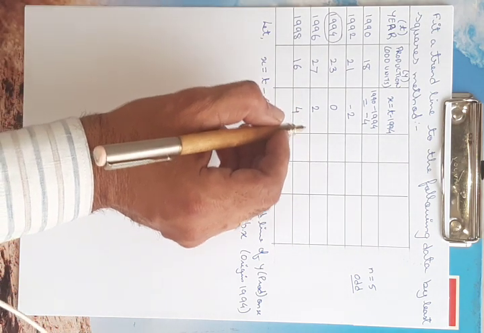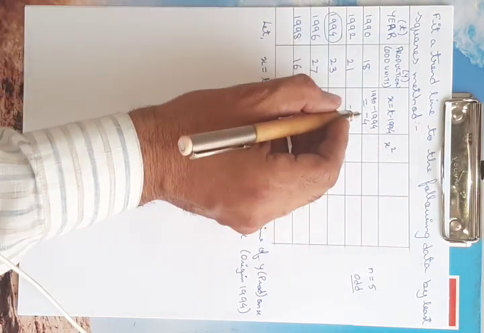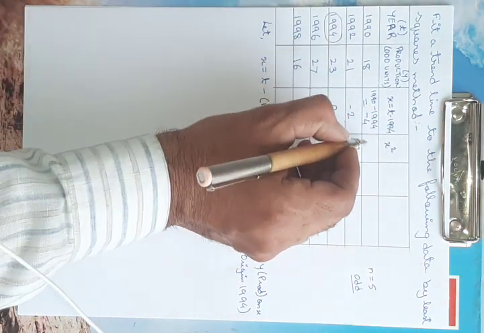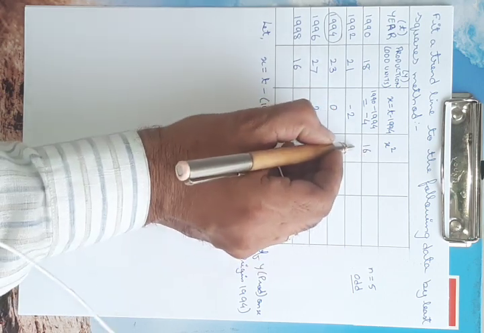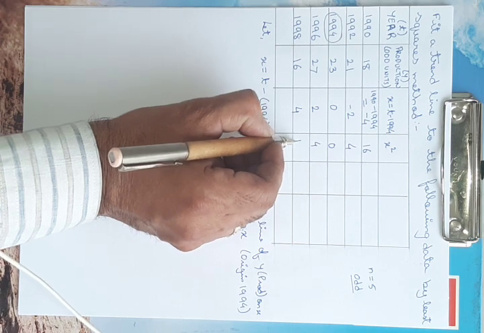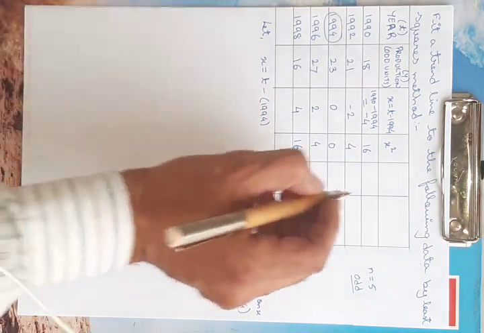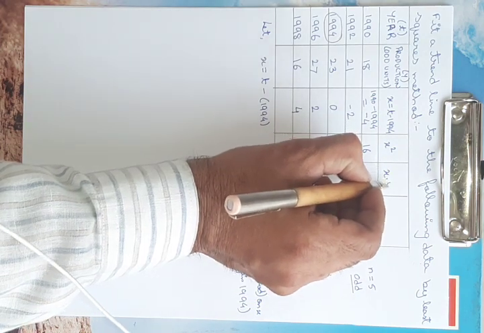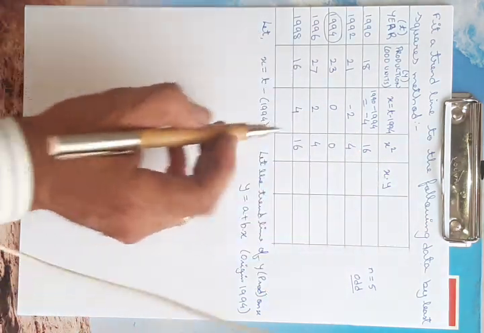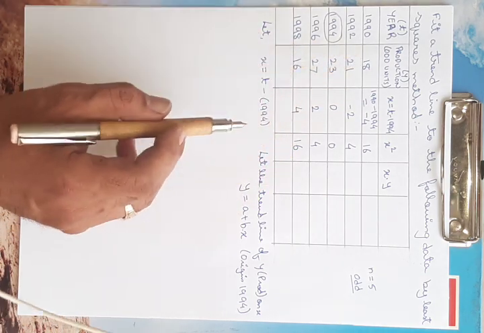Similarly, the next column we take is x square, the square of this particular series. Minus 4 square is 16, minus 2 square is 4, 0, 2 square is again 4, 4 square is again 16. Now we need to calculate x into y, the multiplication of column number 3 and column number 2.